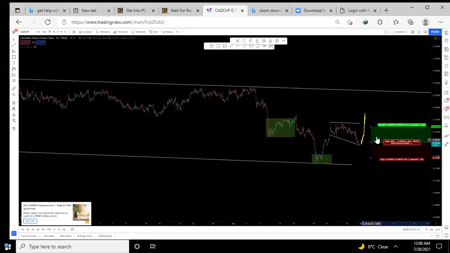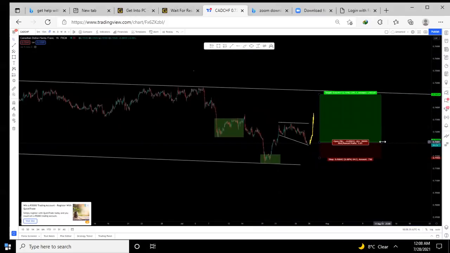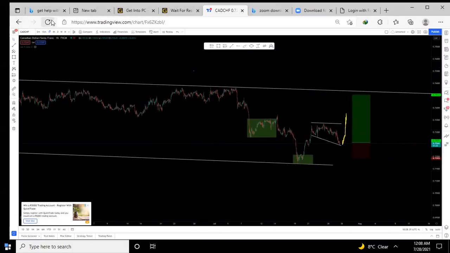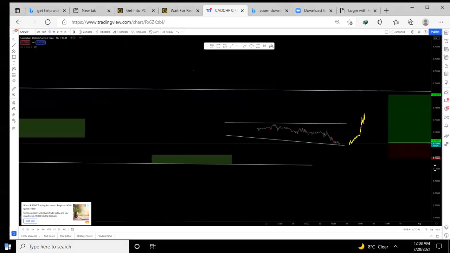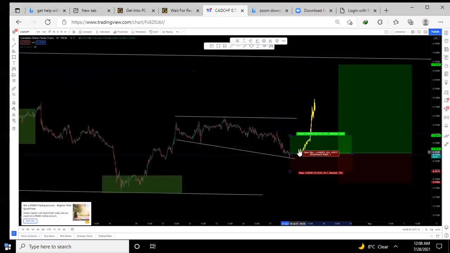You see, I'll take this position from there. If you're a swing trader, you can take it from there. But I'm not a swing trader, guys. So I'll be on the M15, and my target on the M15 will be somewhere around this level.